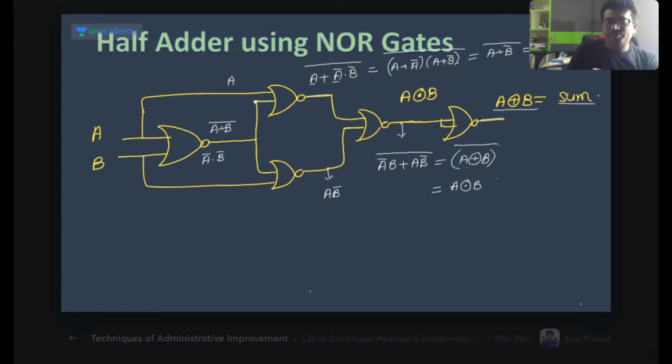Here we will get A bar into B bar, isn't it? So here, what is this thing here? This is B. This is A bar into B bar, isn't it? So if we multiply these two here, what will we get now? This is A bar into B bar plus B whole bar now here.